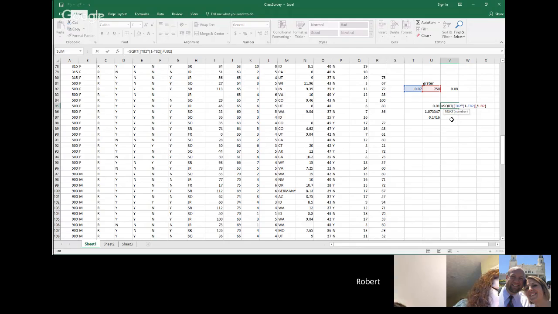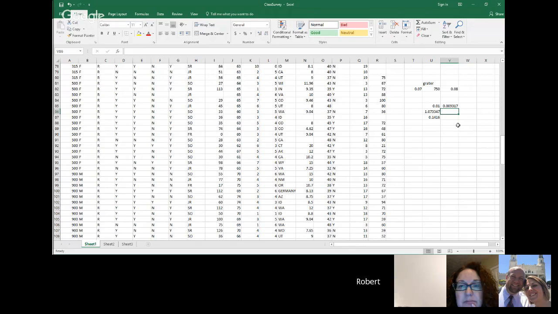For the standard deviation, I did the 0.07 times, and I made another bracket for the 1 minus 0.07. Close that bracket because they're multiplied together, and then divided just by the 750, and that gives me 0.009317.